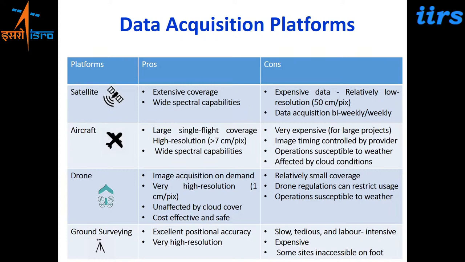Then, since they fly at a lower altitude, they are unaffected by clouds. They can fly below the clouds, so you can collect data even in bad weather, and they are cost effective and safe because they are not manned missions. So the cost of the manpower is reduced in this case.